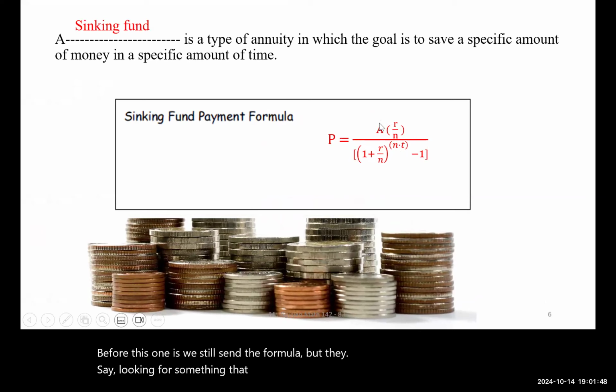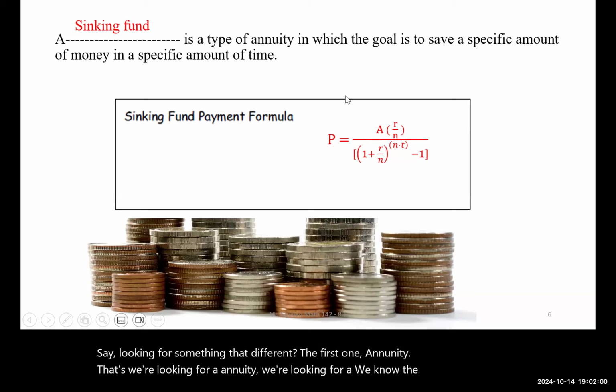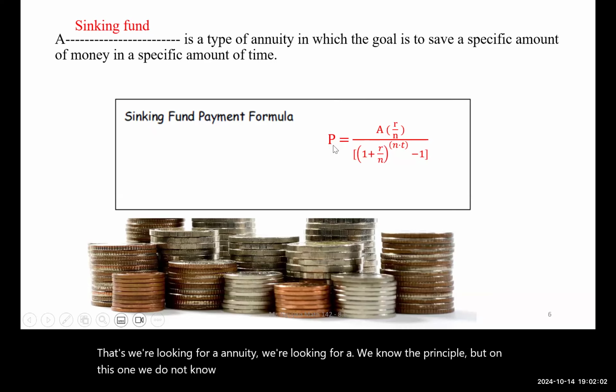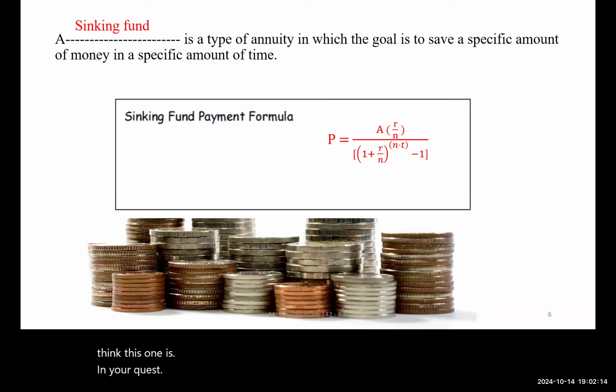The first one, annuity, we're looking for A. We know the principal, but on this one we do not know the principal, we know the amount of money A. I don't think this one is in your quiz, but we just need to know the formula for that.